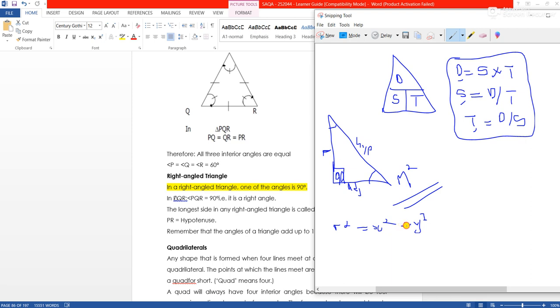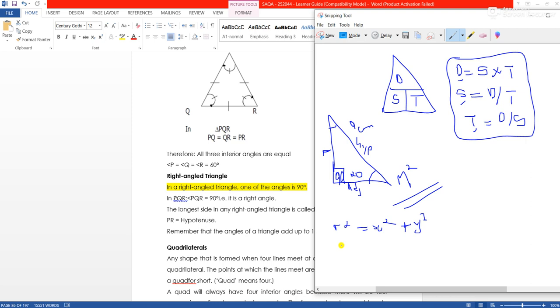Let's say, for instance, we were given two sides and we are looking for the third side. Say this side is the hypotenuse, which is 9 centimeters, and the adjacent side we were given is 20, and we were told to find this side.